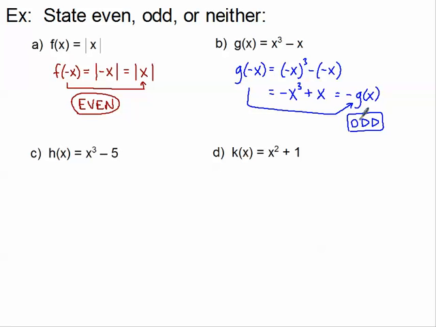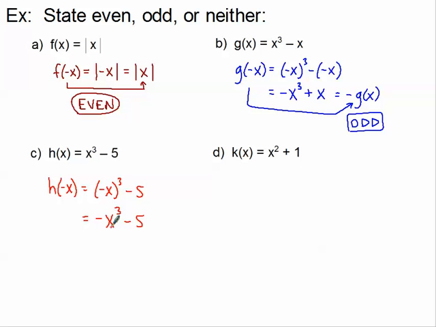Let's look at h of x. Same thing, we're going to test. We're going to plug in a negative x. So negative x is going to be cubed. And, well, negative 5 is just negative 5. There's no input for this term. So let's see what happens here. Negative x times negative x times negative x, again, just simply becomes negative x cubed and then minus 5. So what happens from our original to our test? Well, the first term changes signs.